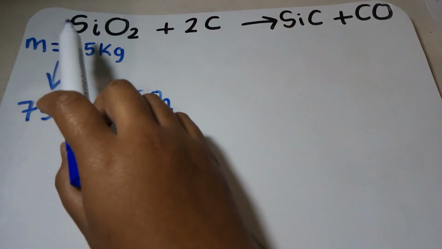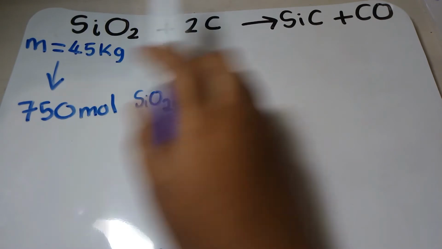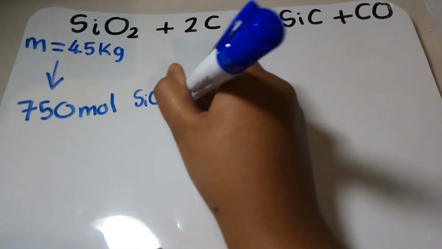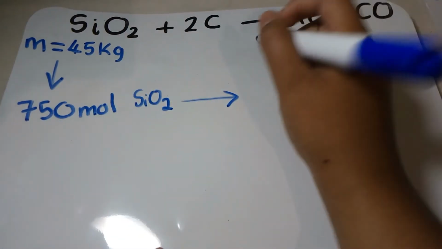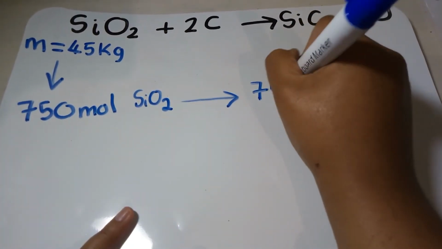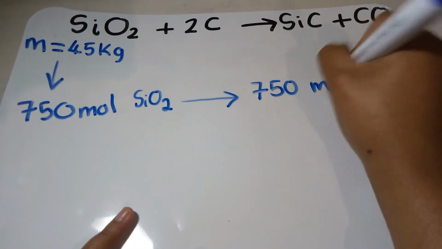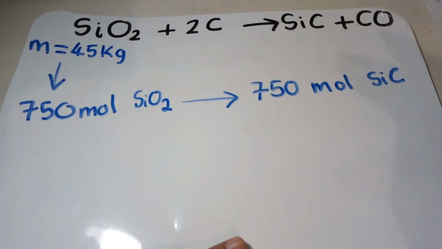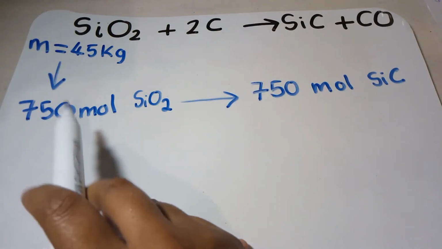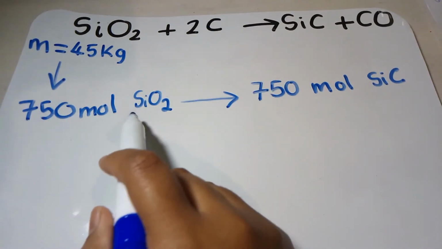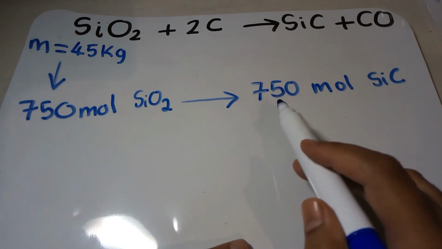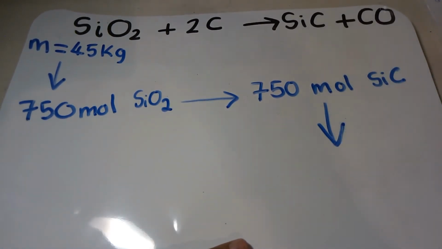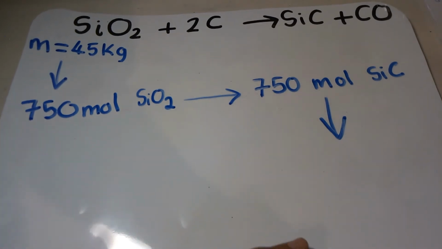Because the ratio of silicon dioxide to silicon carbide is 1:1, we can immediately translate the moles of silicon dioxide into the same amount of moles of silicon carbide. So theoretically, 750 moles of silicon dioxide should produce 750 moles of silicon carbide. Let's translate this into a mass using the same formula.